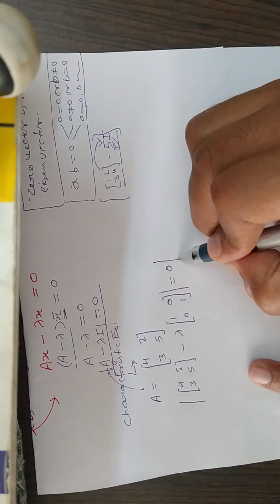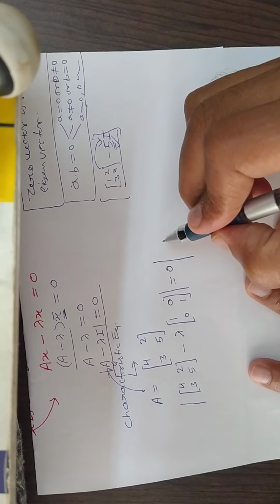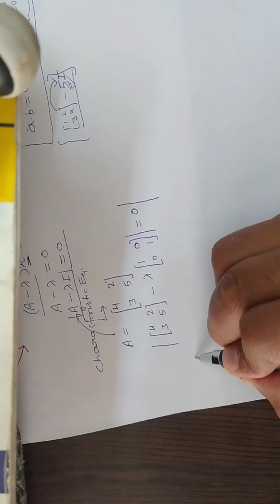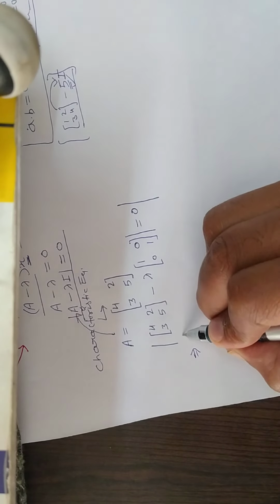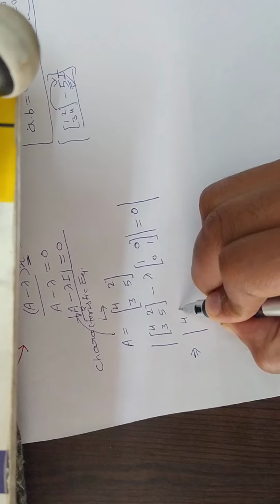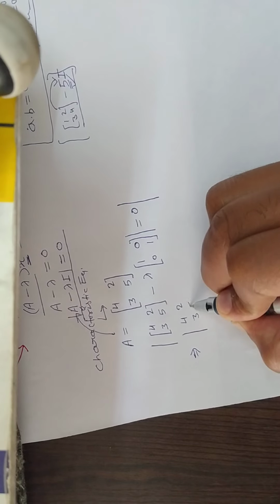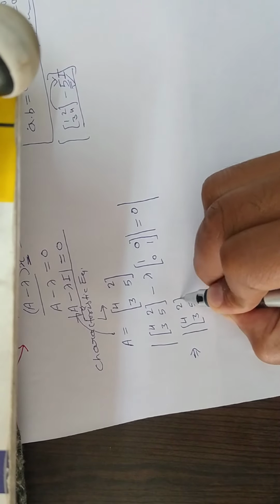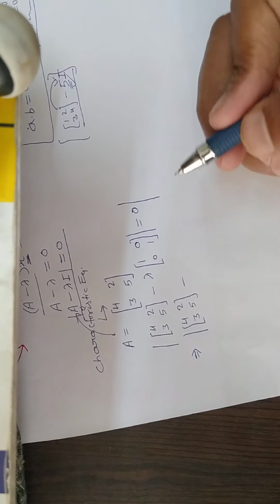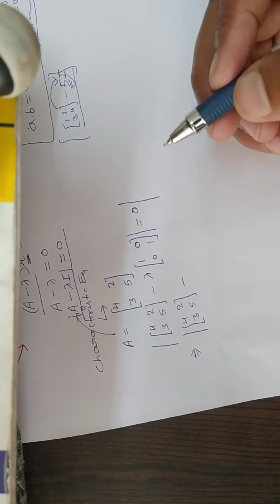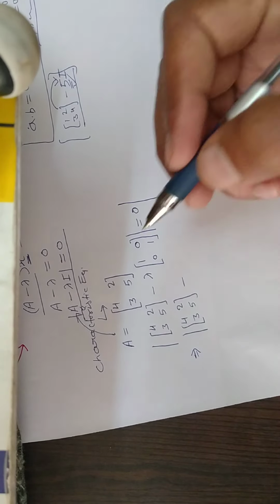Now we can simplify this value. Students, when you multiply a scalar with a matrix, the scalar multiplies with each and every element of the matrix.